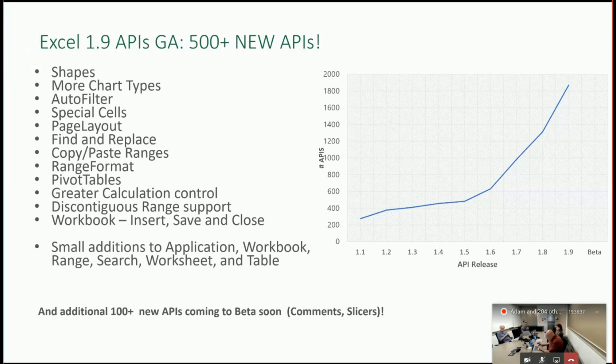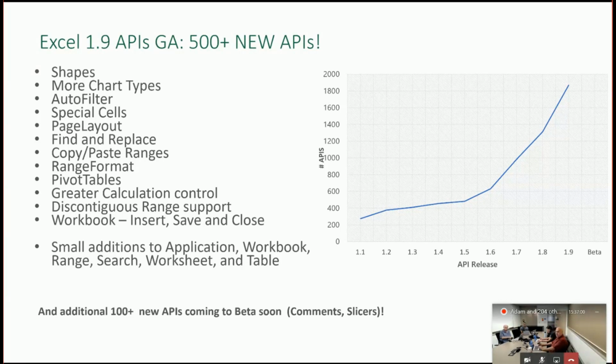This was our 1.9 APIs. They are now generally available. And they work through things like shapes, chart types, more workbook events about inserting them, saving them, closing them, different things. Pivot tables was a big one.